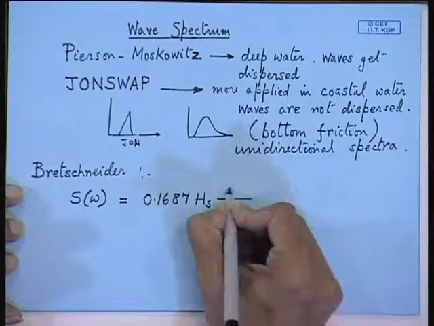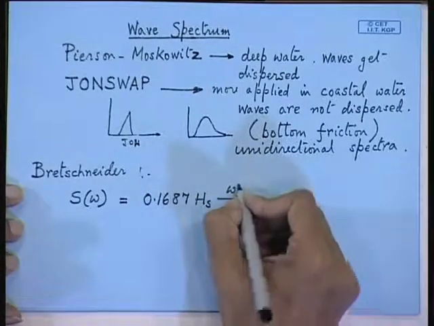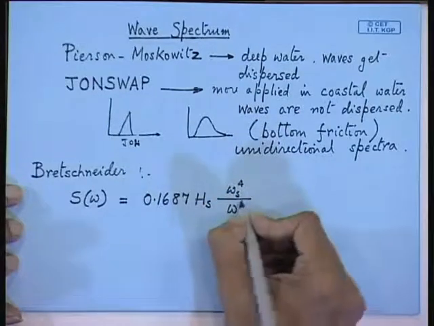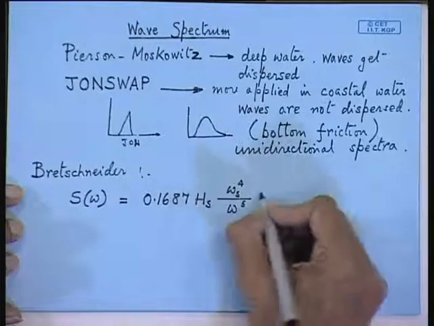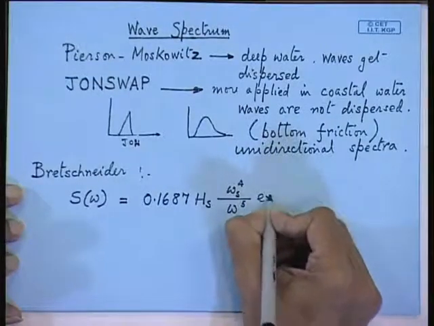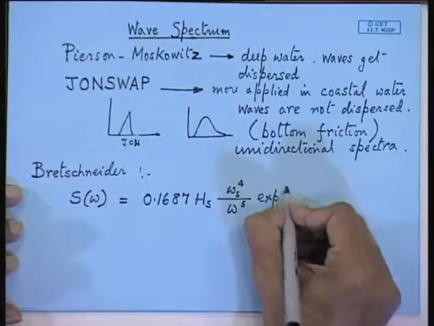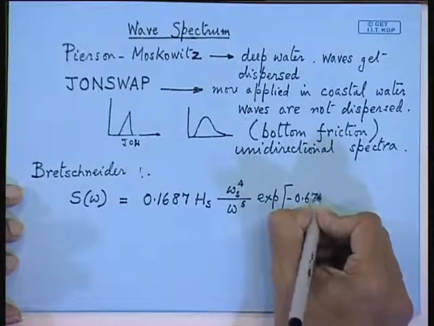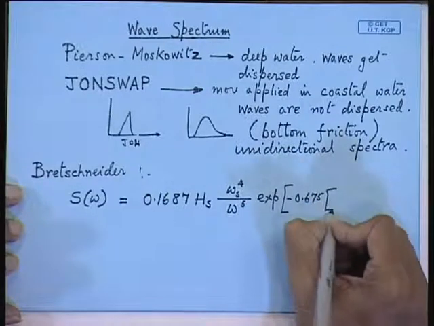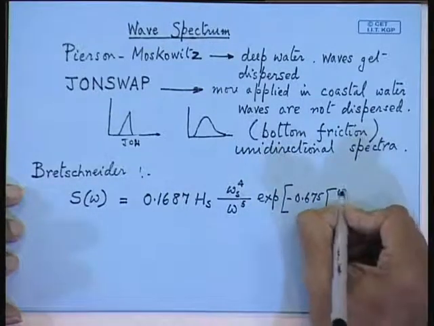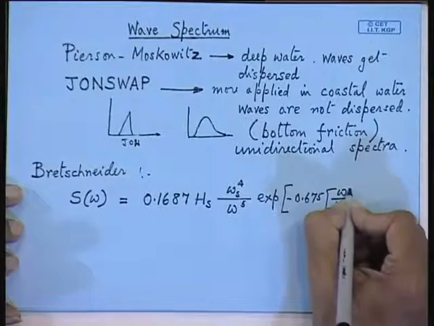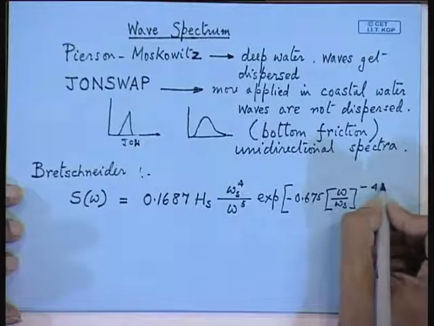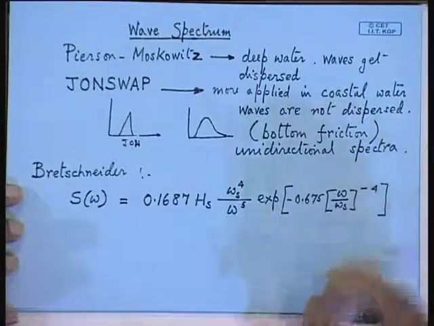Similarly, omega s is your significant wave frequency, divided by the wave frequency, and this is multiplied by the exponential e to the power minus 0.675, and here is a non-dimensional term omega over omega s raised to the power minus 4. So this is called Bretschneider.